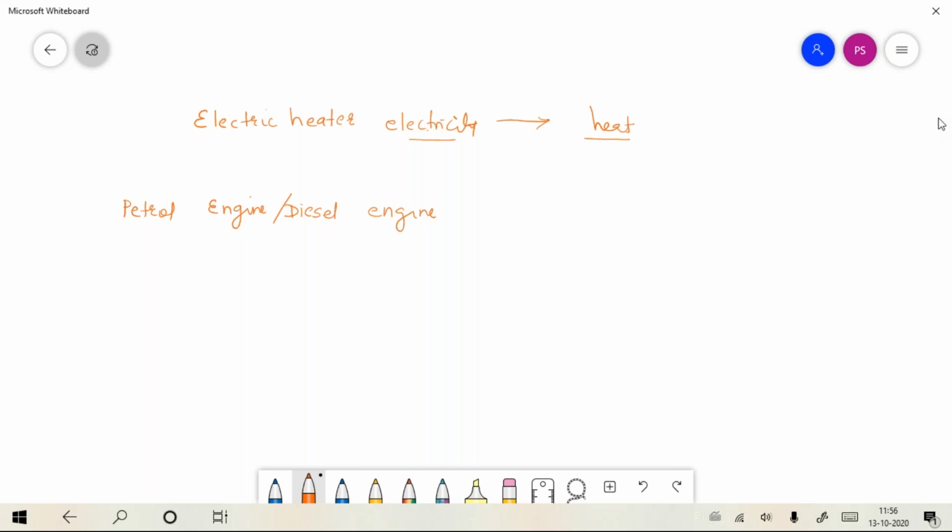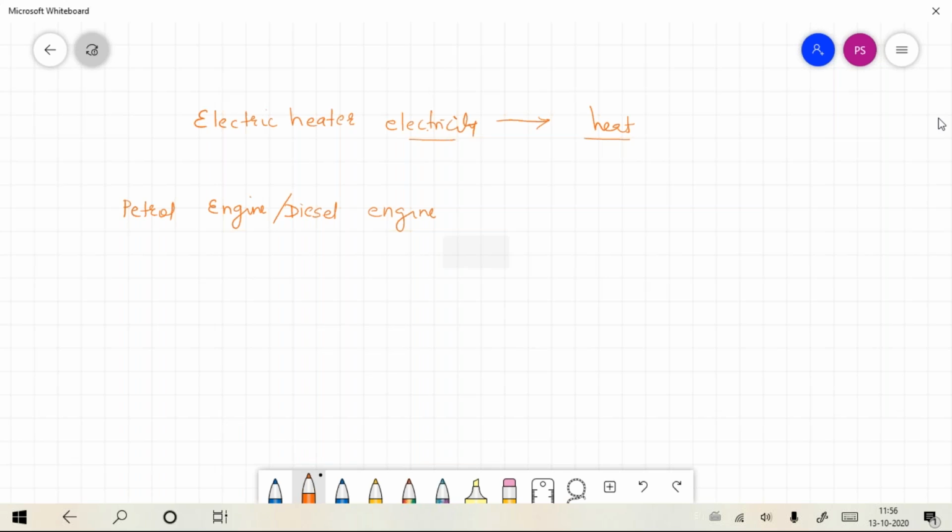What about the petrol engine? Kamlesh, what about the petrol engine? Kamlesh is saying it is chemical to work. That is correct.